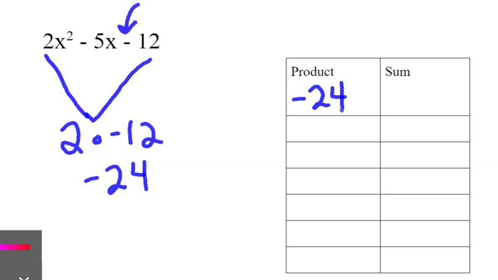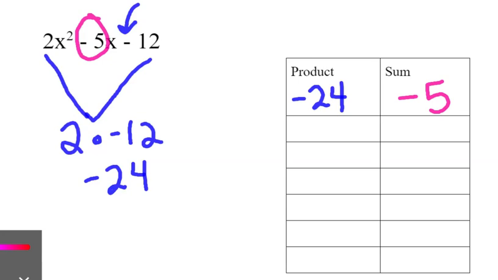Okay, so I have a product of -24. Now, what is my sum? My sum is the number in the middle, and that's a -5. So I have a sum of -5 and a product of -24. So now I'm going to pick and choose a few numbers and see which ones give me the product and sum that I want.